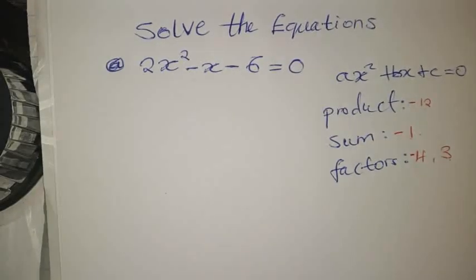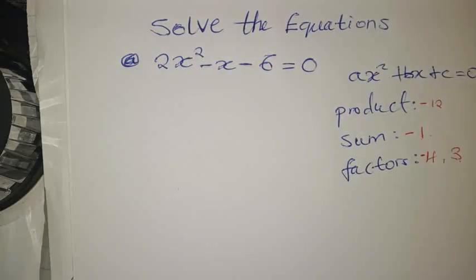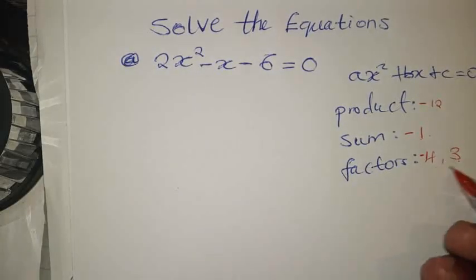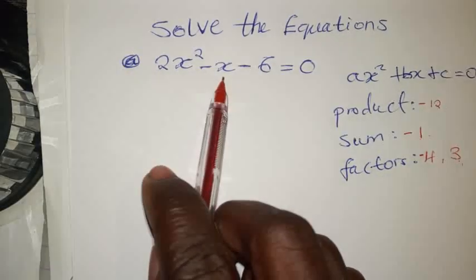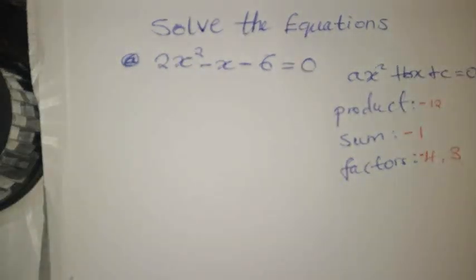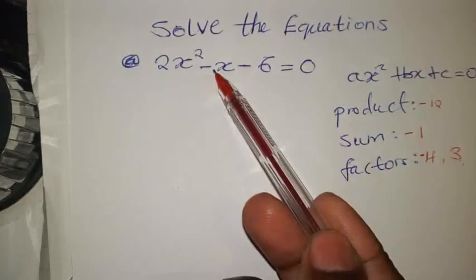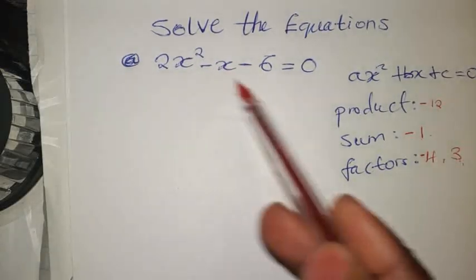Now, having done that, we can proceed and solve the equation. What we do is this. These factors will replace this negative x, because you confirm with me that negative 4 plus 3 gives us negative 1, which is what we have here. So it is what you're going to replace here.